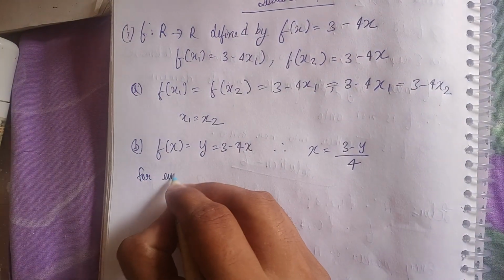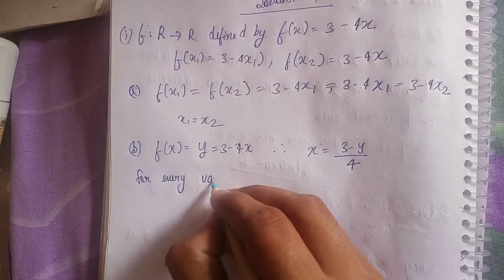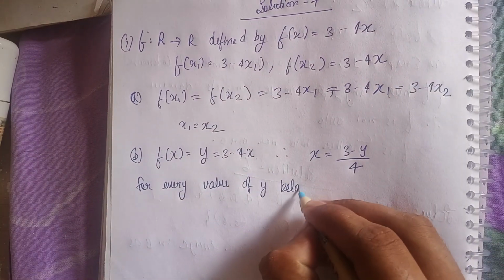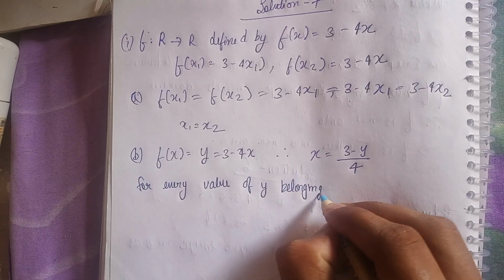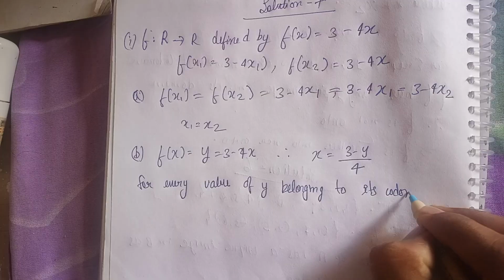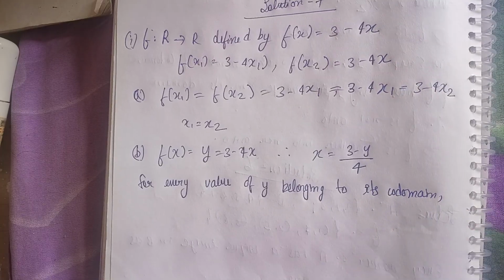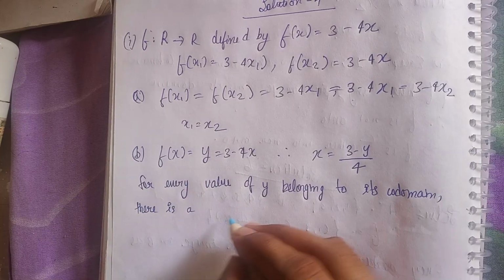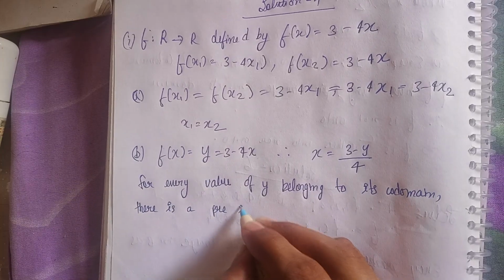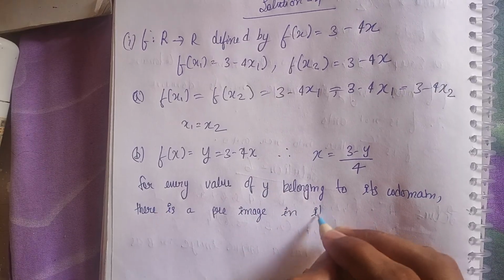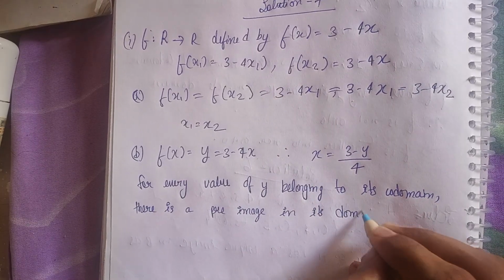For every value of y belonging to its codomain, there is a preimage in its domain.